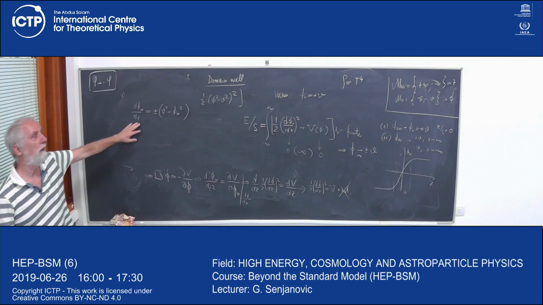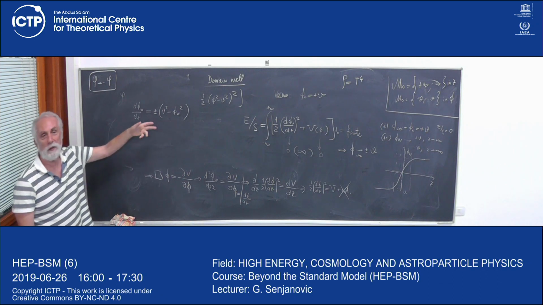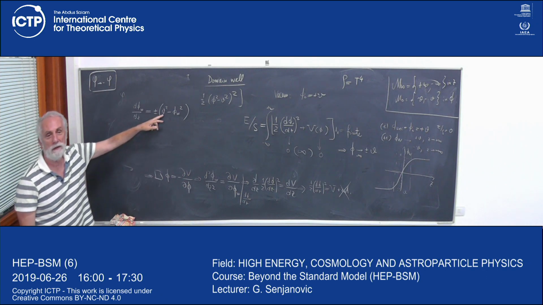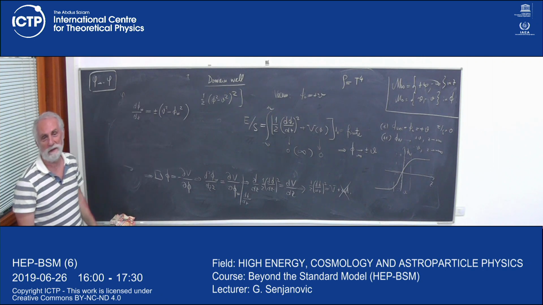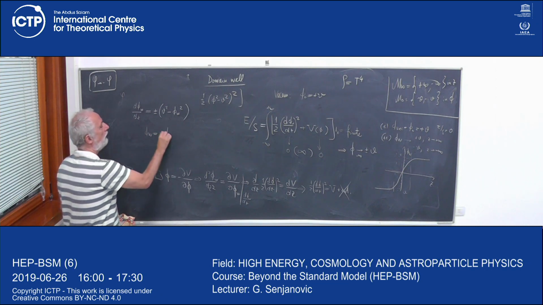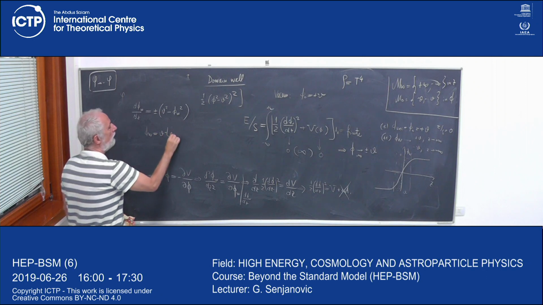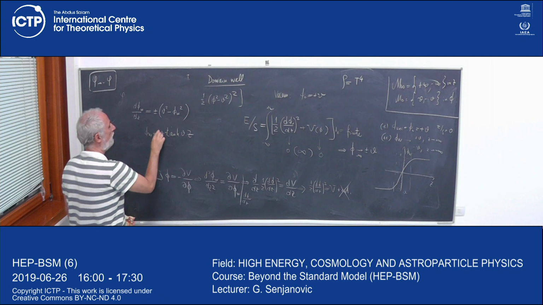Can you recognize this? When it's a plus sign, you will have cosine or sine, tangent. When it's a minus sign, you get hyperbolic. See immediately, please, that phi wall is v tanh, plus or minus.